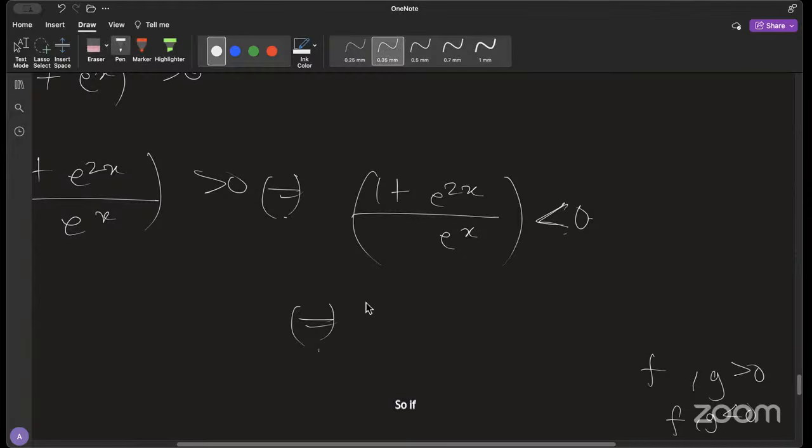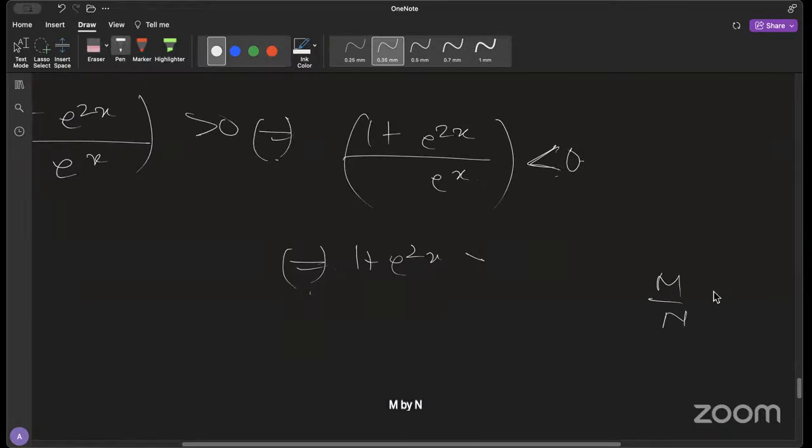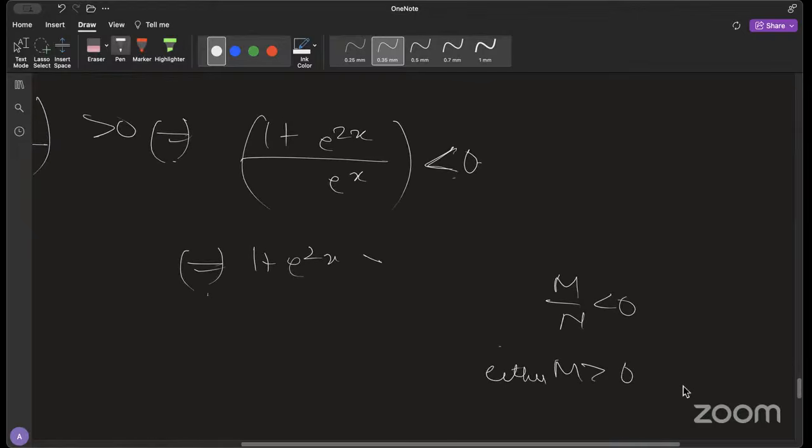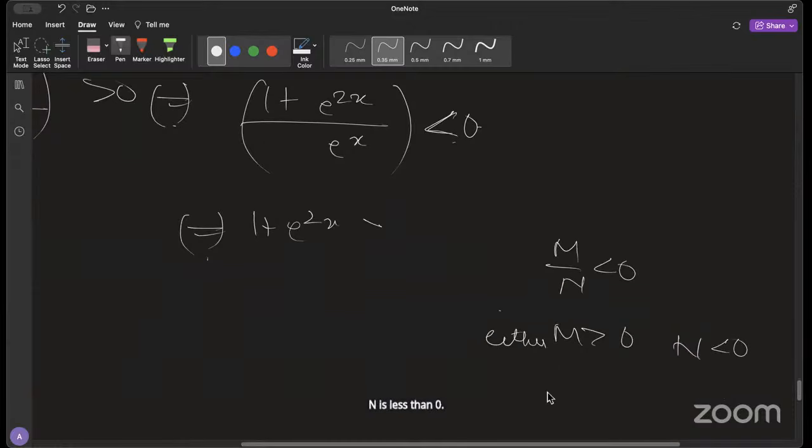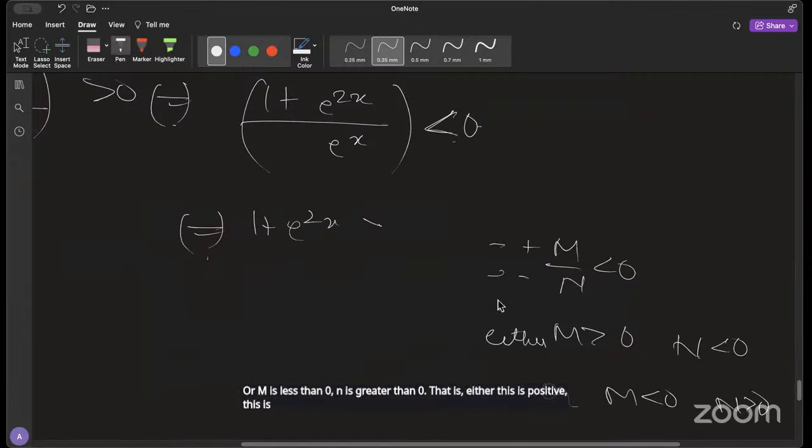Now if I say m by n is less than 0, that means either m is greater than 0 and n is less than 0, or m is less than 0 and n is greater than 0. That is, either this is positive and this is negative, or this is negative and this is positive.